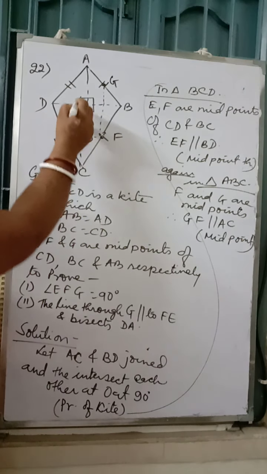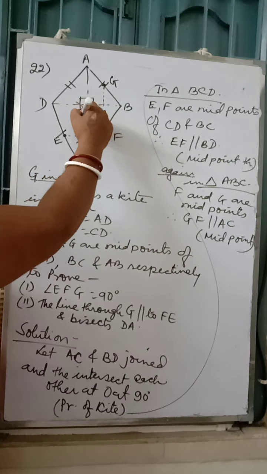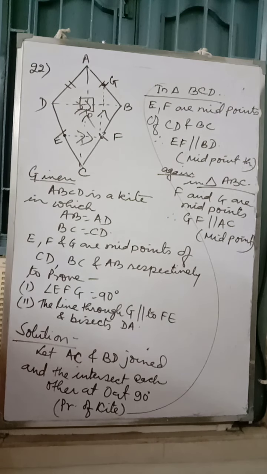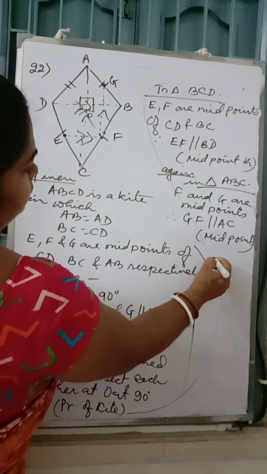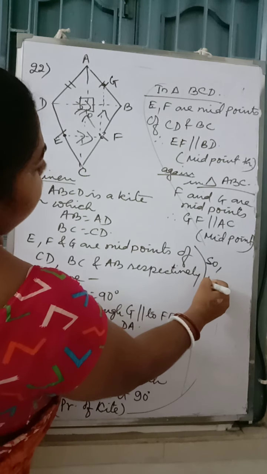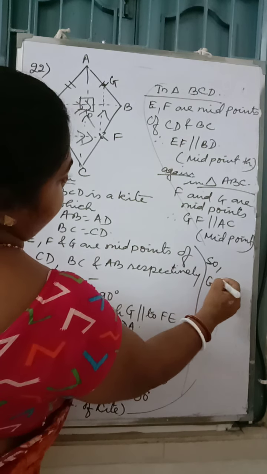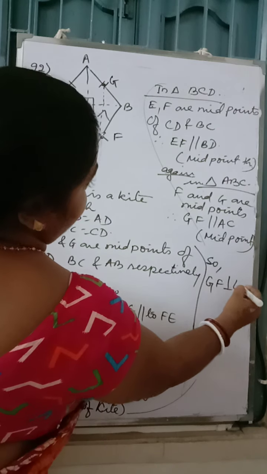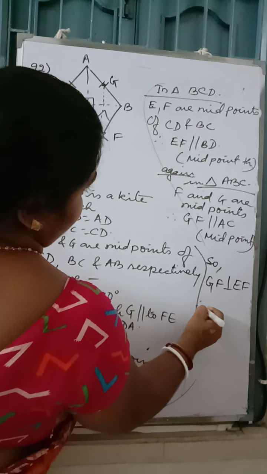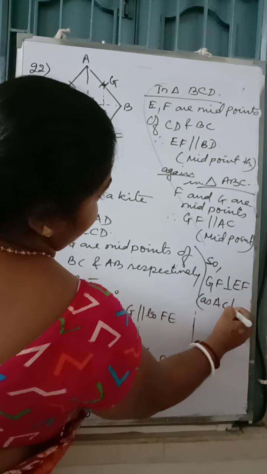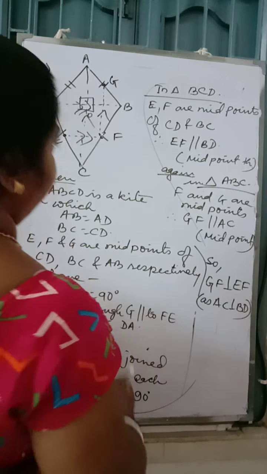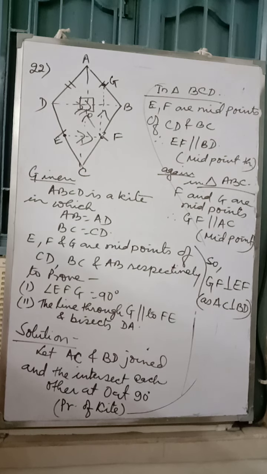This is parallel to this and this is parallel to this. So GF is perpendicular to EF as AC is perpendicular to BD. If AC and BD are perpendicular, GF would be perpendicular to EF.